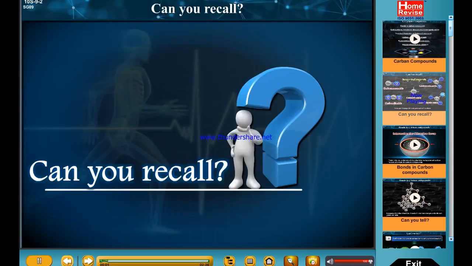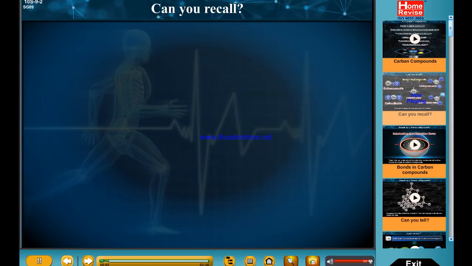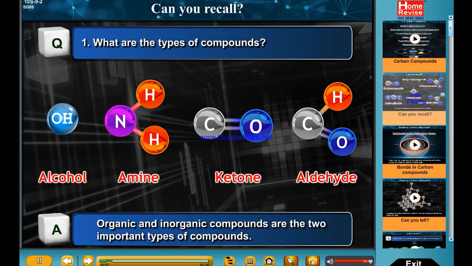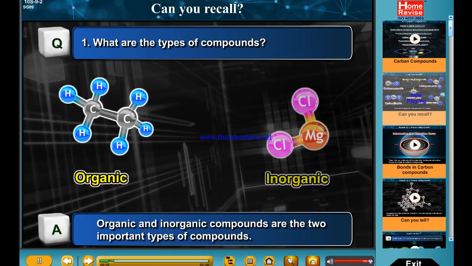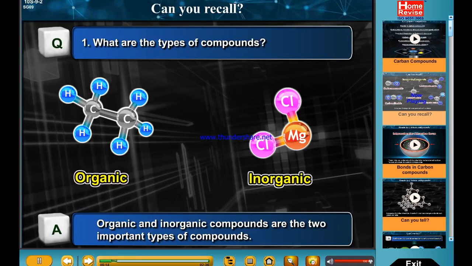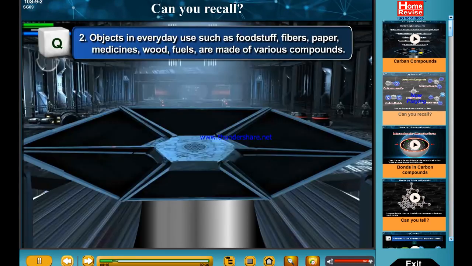Can you recall? 1. What are the types of compounds? Answer. Organic and inorganic compounds are the two important types of compounds. 2.